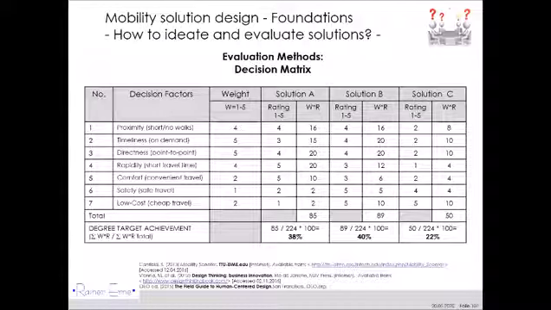According to the user preferences, you can then put weighting factors to the decision factors and then rate in what way a solution fulfills these decision factors. And then you multiply the weighting factors with the rating factor. You sum up the products, and then you can see here, for example, that solution B fits the user preferences best.